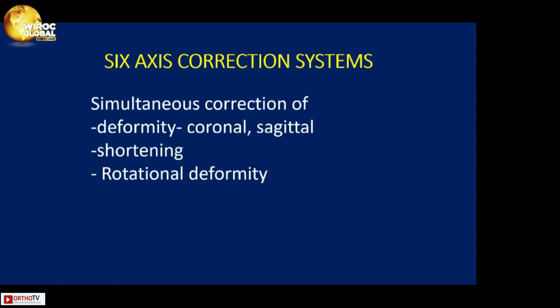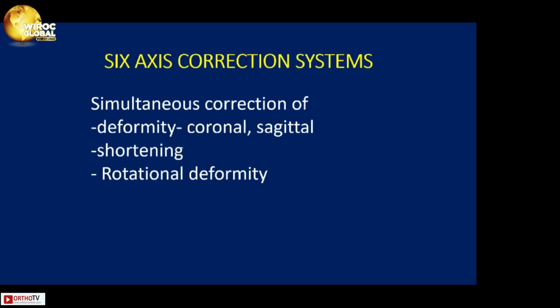Coming to the topic of this talk, the six-axis correction systems are useful when there is simultaneous correction of coronal and sagittal plane deformities along with a rotational component, and also when it is associated with shortening.